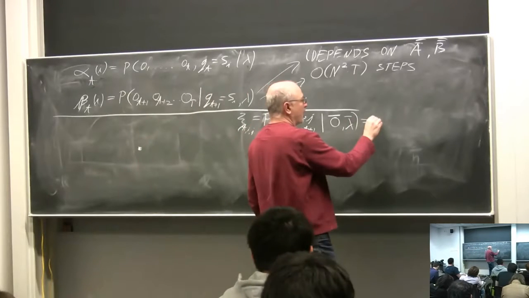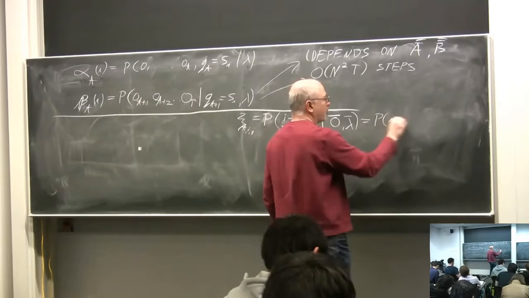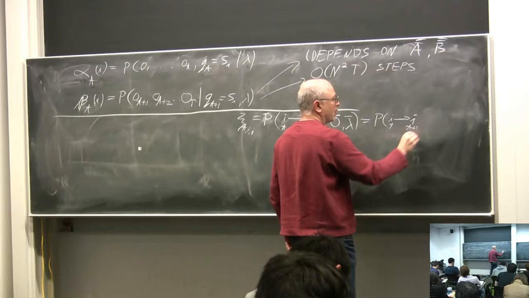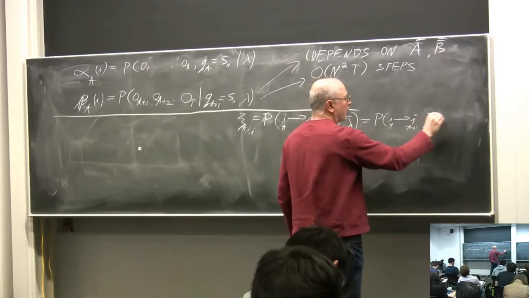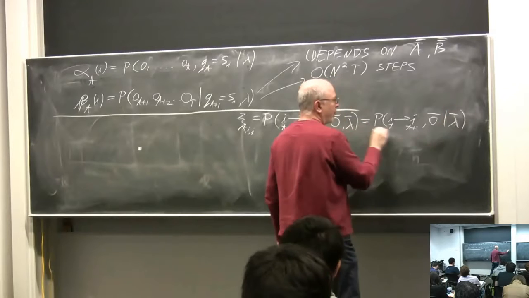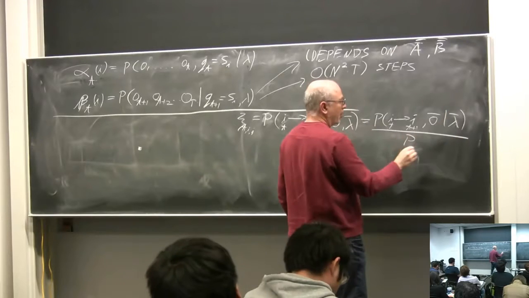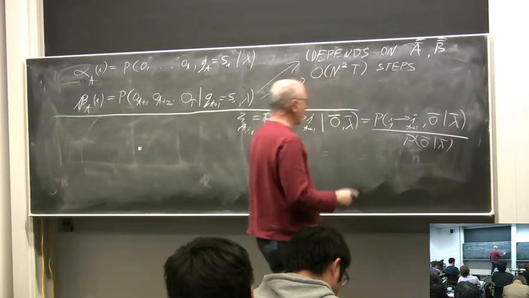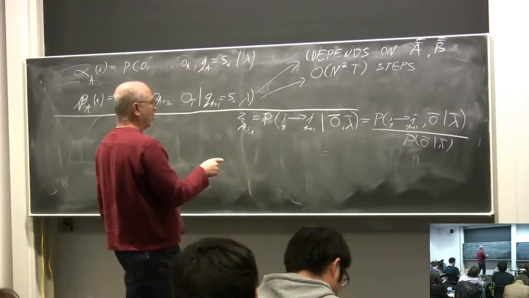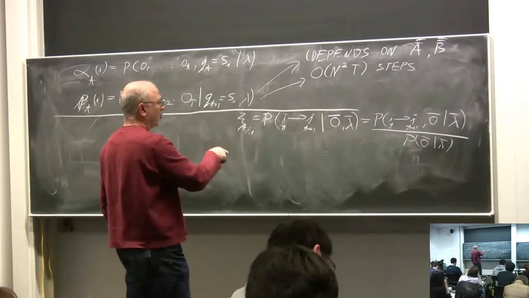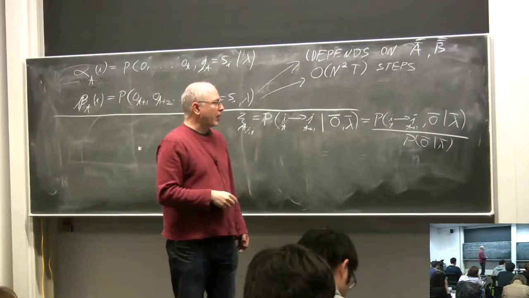I can rewrite it as the probability of this I to j, t to t plus 1, and O, conditioned on the model, divided by P of O, conditioned on the model. Is this right? Divide by P of O times P of this given O. Yes.